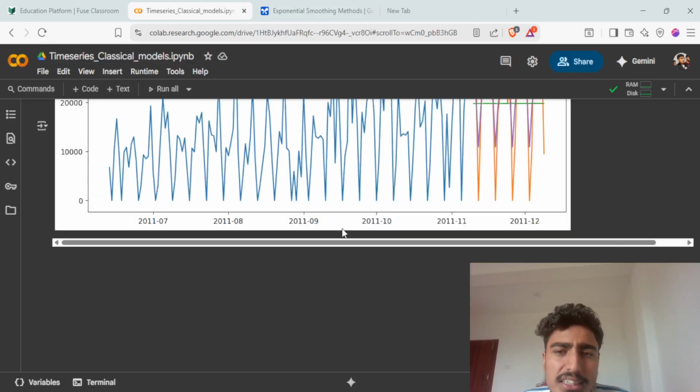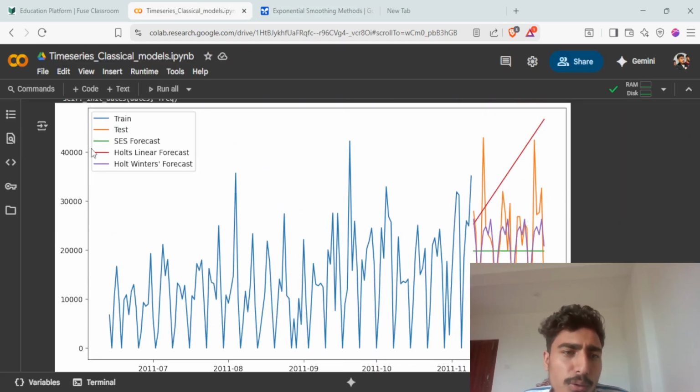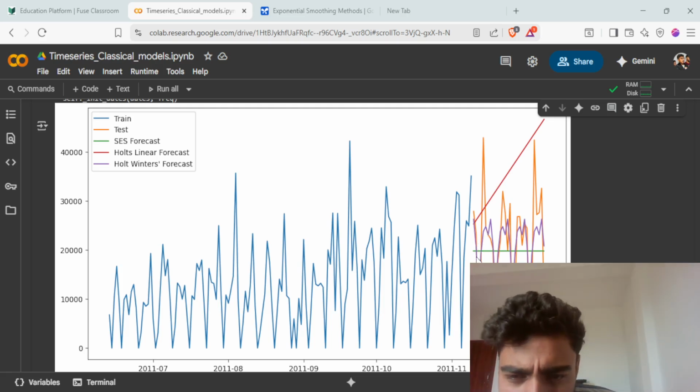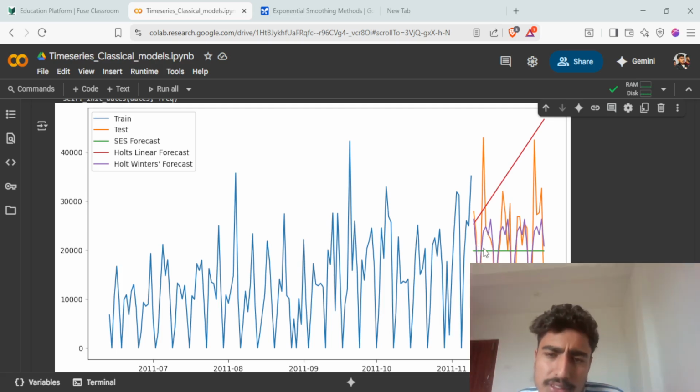Let's talk a little about the Holt-Winters seasonal forecast method chart. This purple graph represents the Holt-Winters forecast. Look at it, it has considered trend and seasonality at equal intervals of time.